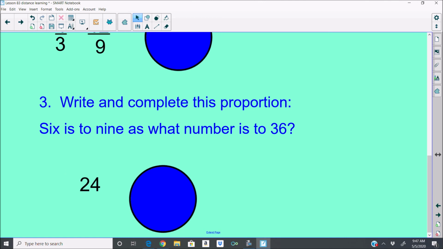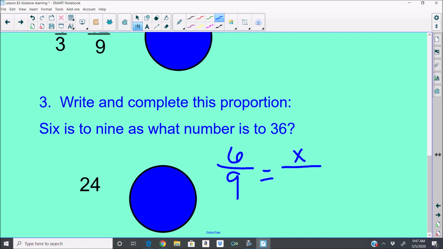So the answer to that is 24. If you had trouble understanding how I got that, 6 is to 9 as what number is to 36? Multiply 9 by 4. I'm going to do the same to the top because that's like multiplying that fraction by 1.